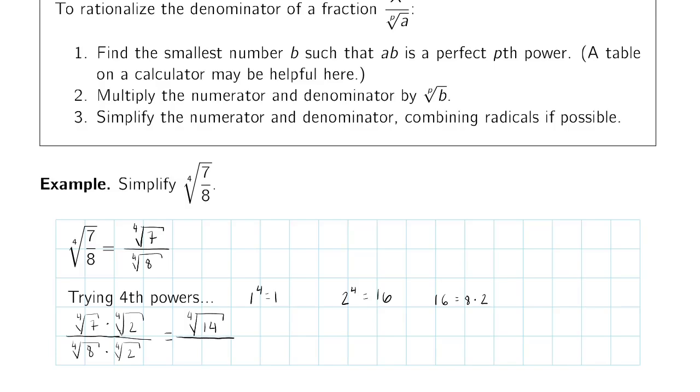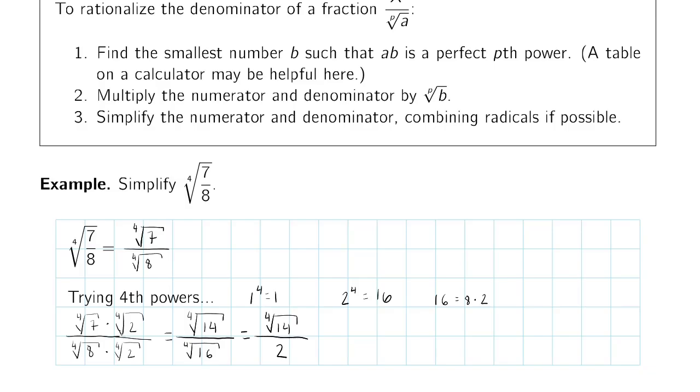In my denominator, I'll have the fourth root of 16. And the reason that that's good is that the fourth root of 16 is something I can do. My numerator, I'll leave the fourth root of 14 alone. In my denominator, I'll just have 2, which is pretty nice.